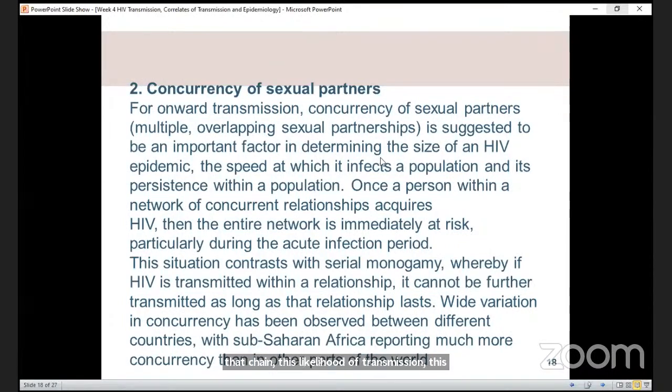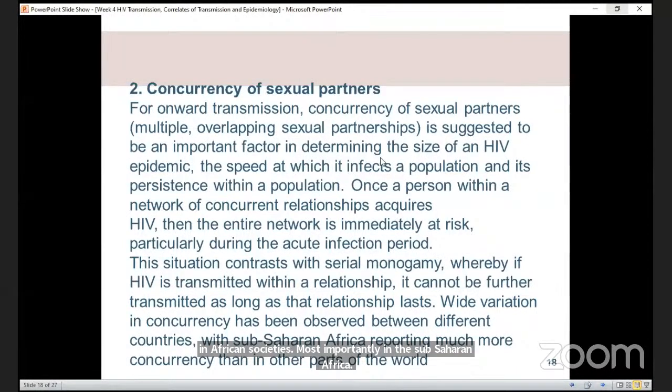This is different from when we have serial monogamy. I know serial monogamy is what is considered an absolute way of reducing chances of transmission. But overlapping and multiple partners is common, especially in our African societies, most importantly sub-Saharan Africa.